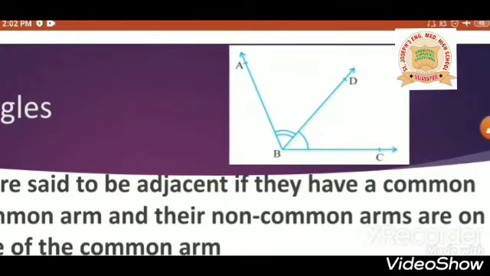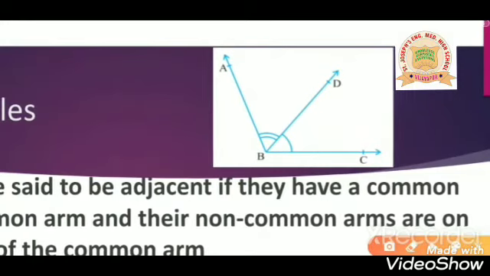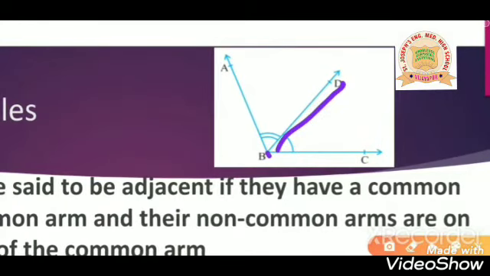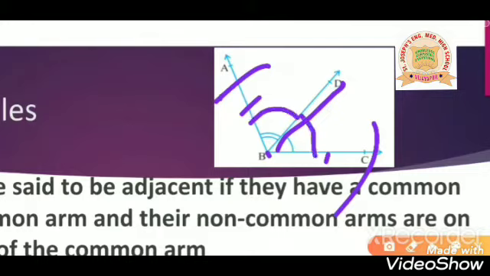Now this is a common arm, and this is a common vertex. These are non-common arms. They are on the opposite side, one here and the other here, on opposite sides of the common arm. If such a condition arises, the angles formed are adjacent angles.